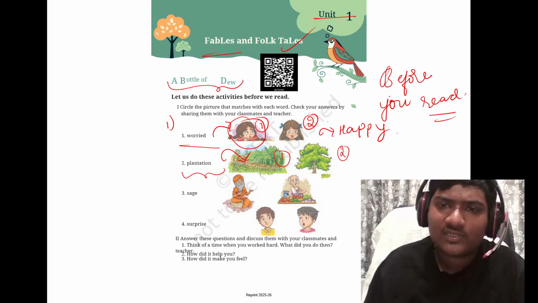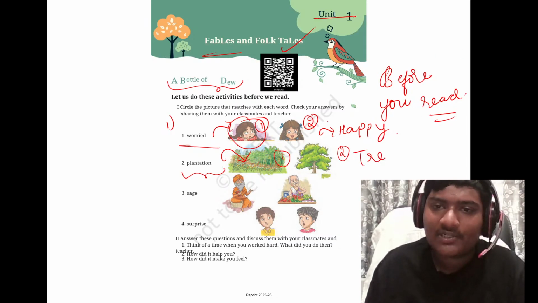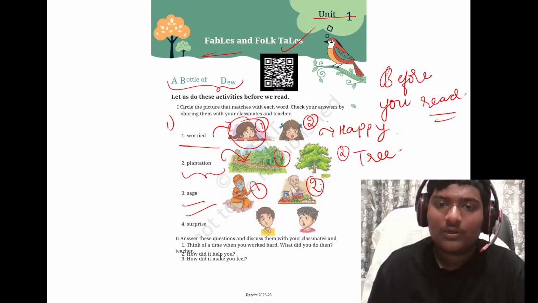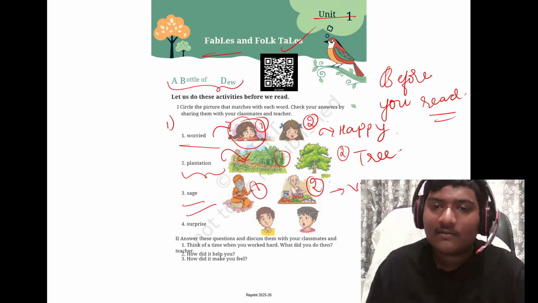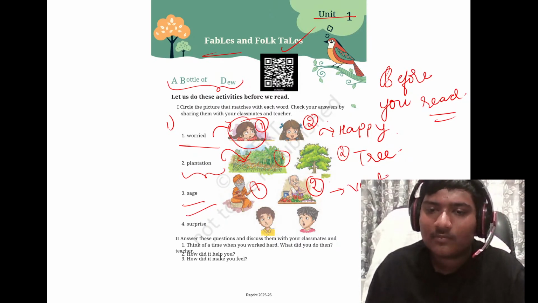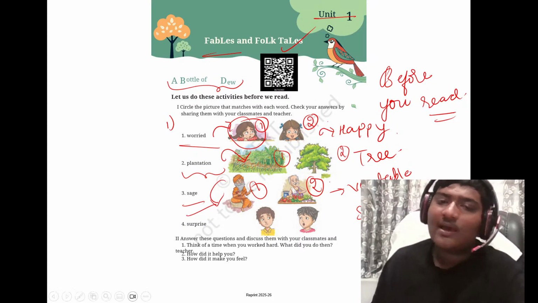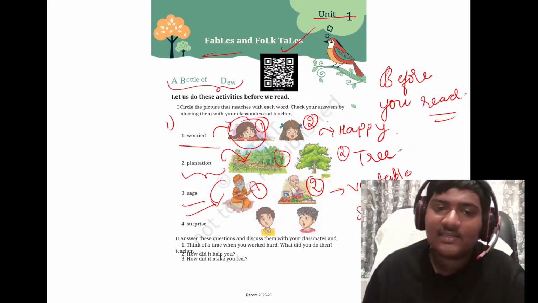In this question it was a tree. It's not a plantation, it's a tree. And third question, who was a sage, one or two? Two is a vegetable seller. Clear? And one is the sage.